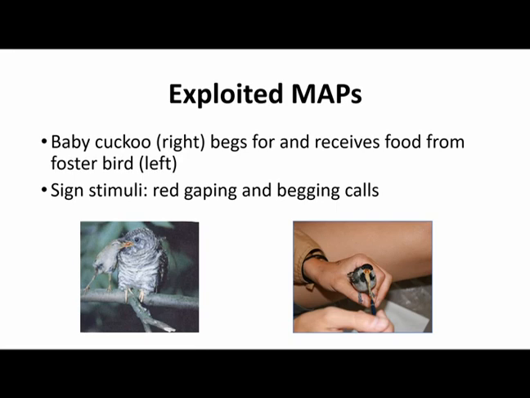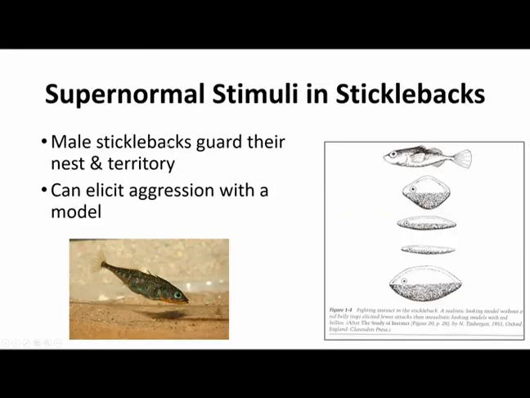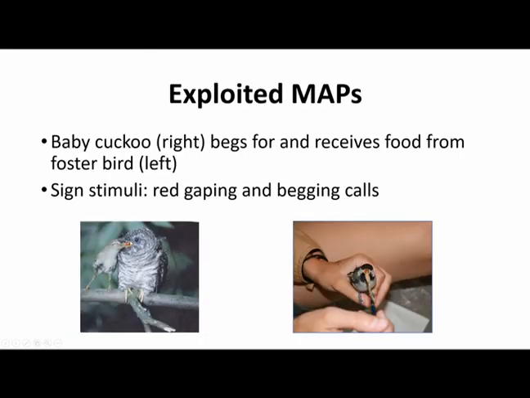So like we said, there's lots of feeding behaviors that are tied into naturally occurring patterns. And in this case, the sign stimulus would be a red gaping mouth and the begging calls that go with it. So we might even look at this as a supernormal stimulus because their beak is larger.